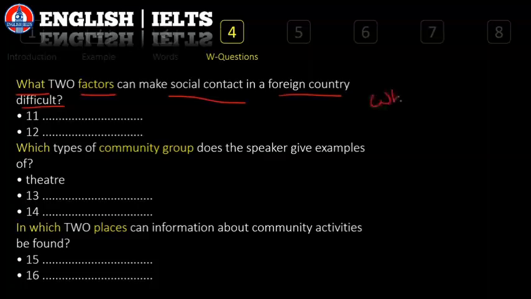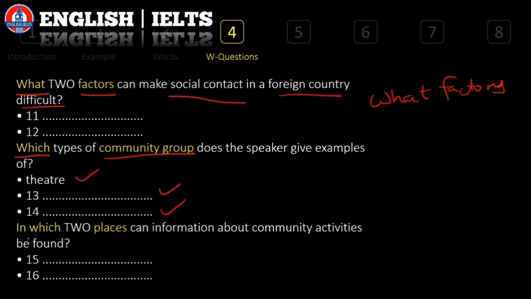In the second one, you can see which community group. So there must be names for community groups, and first they have given an example, theater. Watch out for these examples as well. Now we have 13 and 14, where you have to provide a community group. Number three, in which places. So in which 2 places means again they have to talk about places. So you see, this is how we guess the answer by understanding the question itself.